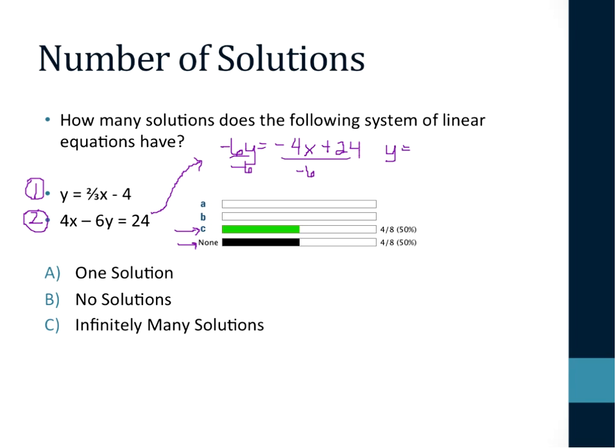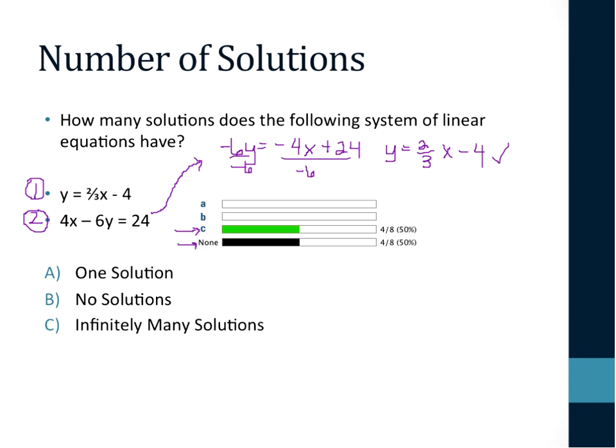And this will lead me to y equals a positive 2/3 x minus 4. And so we can see that they are exactly the same line then. 1 and 2 are exactly the same line. And remember, we said when we have exactly the same line, we would have infinitely many solutions.